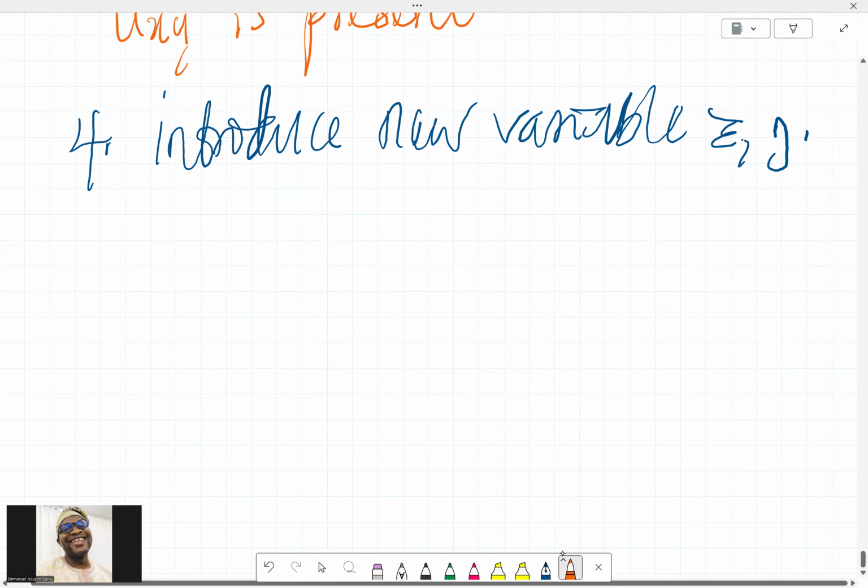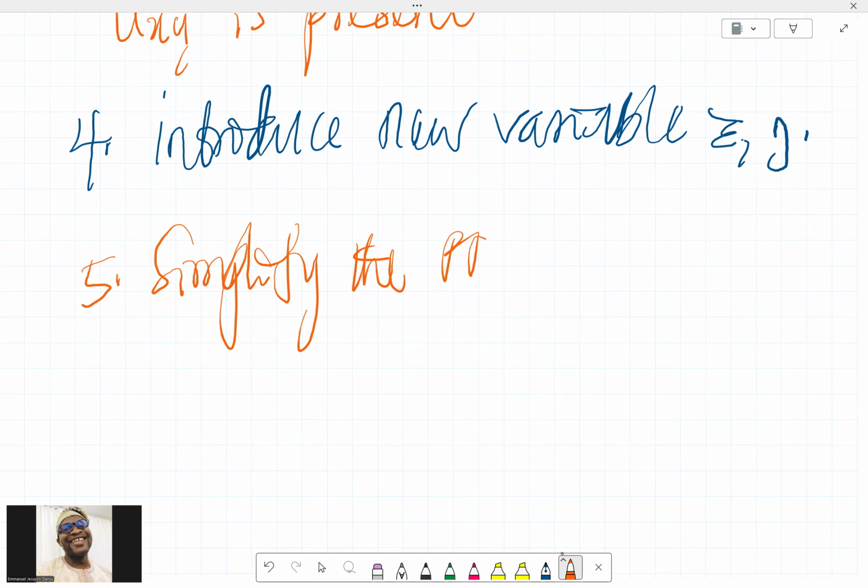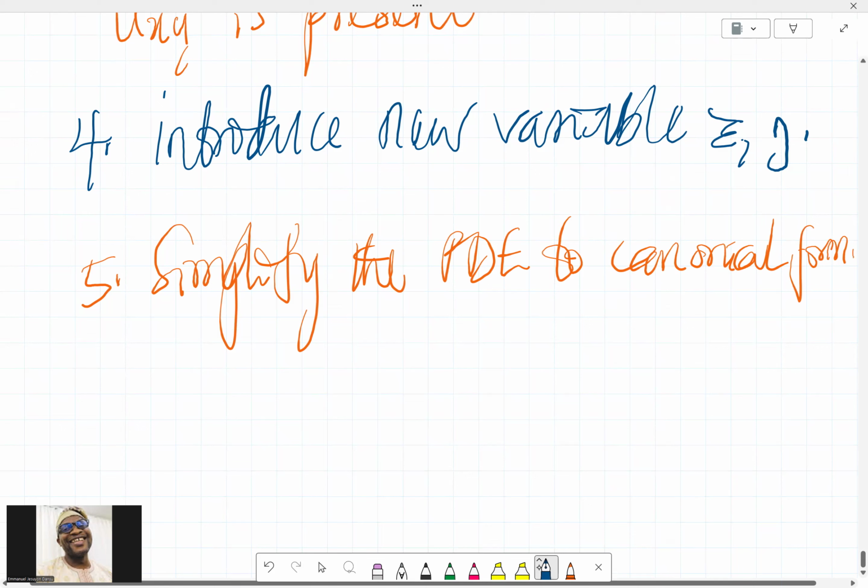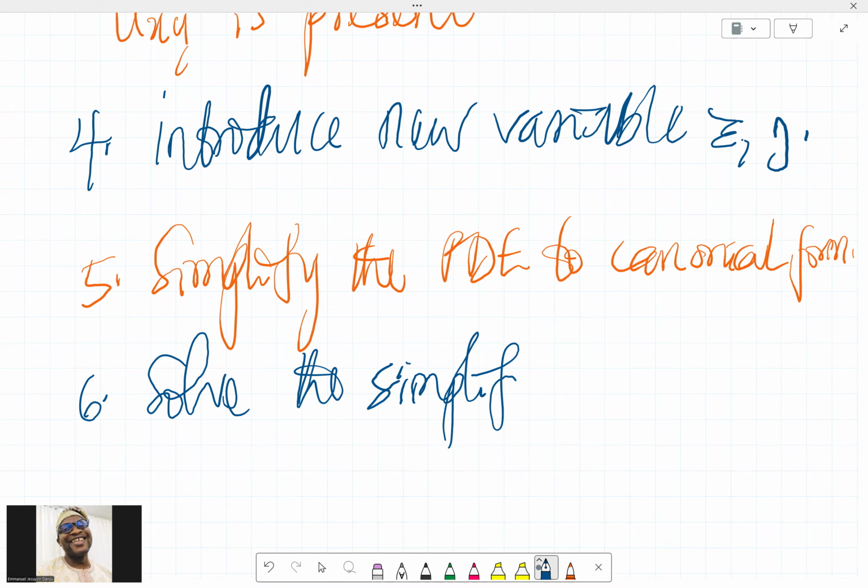Then number 5, simplify the PDE to canonical form. And number 6, solve the simplified PDE by collecting like terms, and that is what we have.